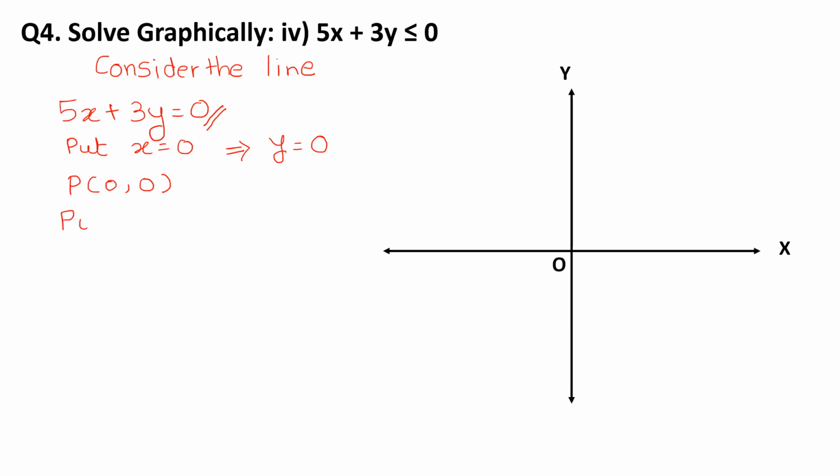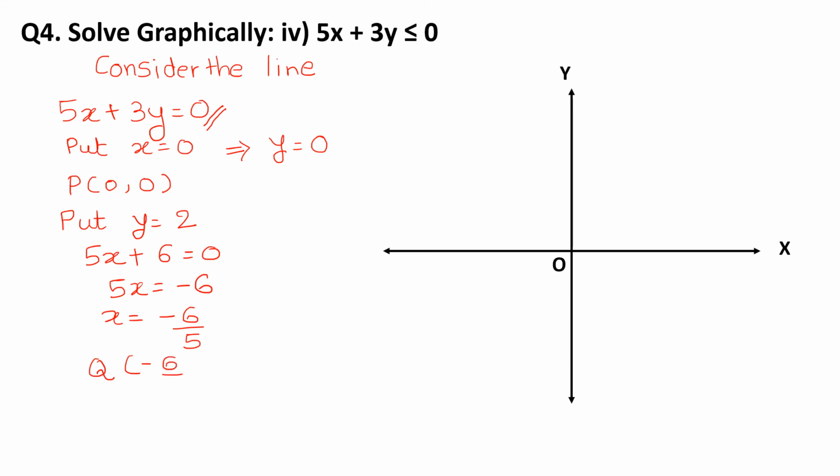Put some different value. So let us put y equal to 2. If I put y equal to 2, I get 5x plus 3 2s are 6 is equal to 0. So 5x will be equal to minus 6. x comes out to be equal to minus 6 upon 5. So the second point that I got is (minus 6 upon 5, 2).